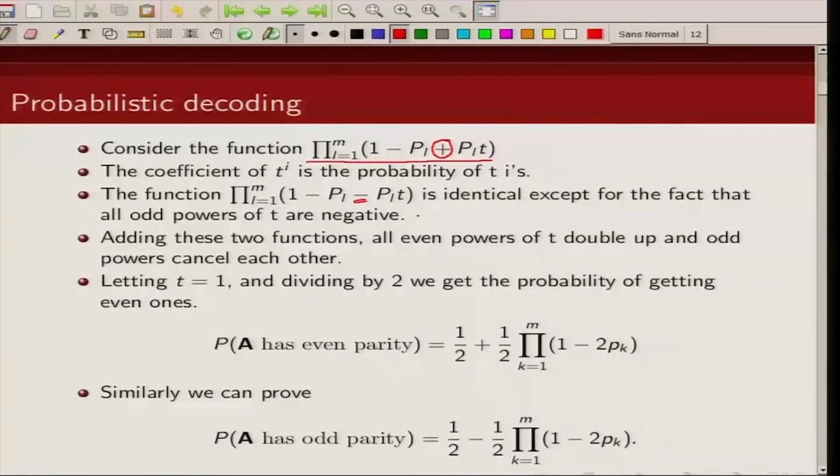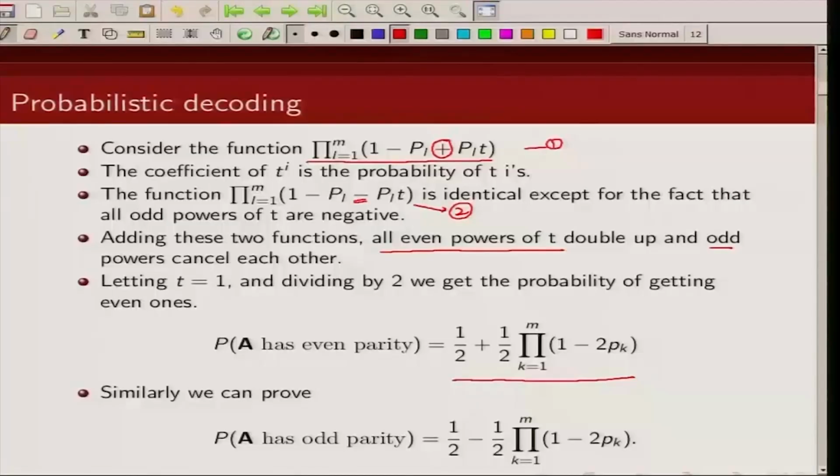So, if we expand this and we expand this, and add both of them together, all the odd powers of t will go away. What we will be left with is even powers of t, which are doubled up, and odd powers have cancelled out. Now, if we put t equal to 1 and divide by 2, we will get the probability that A has even parity, because we are left with only even powers of t.